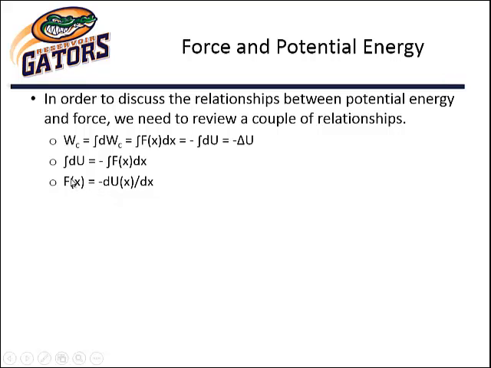Conservative forces will cause the potential energy to change. That's what this all means. The hard part about this is usually not taking the derivative, because you're pretty good at that. It's remembering to include the negative sign. Okay, so word to the wise, remember the negative sign.